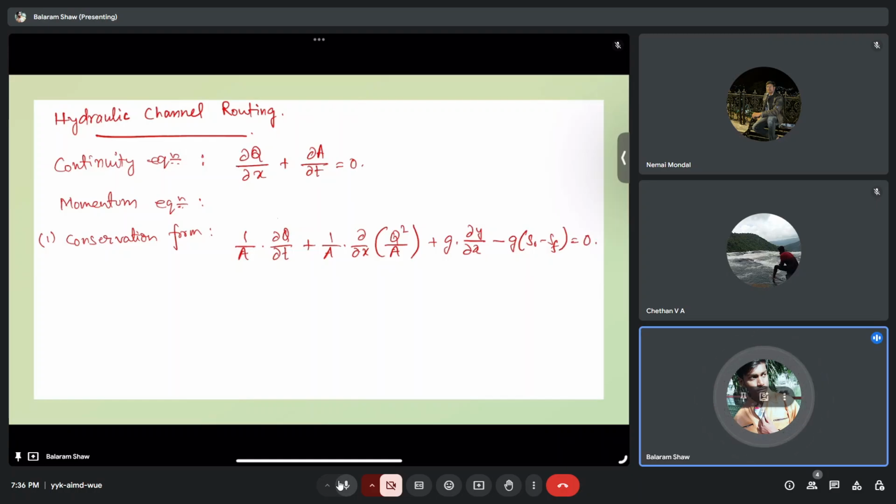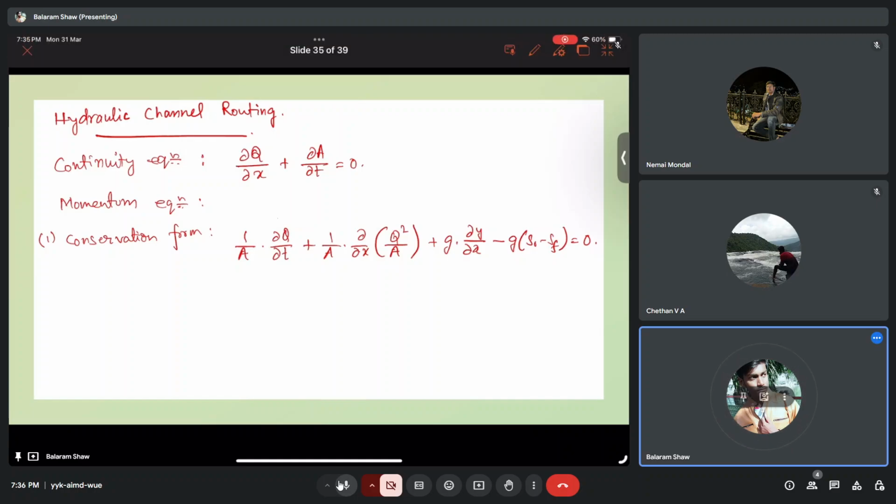Okay, how we got to these equations, you can refer to any engineering hydrology book or watershed hydrology book. Okay, in PTCHA also it is there. Just to see here, which terms refer to what? The first term accounts for the unsteady flow, that is the local acceleration term.